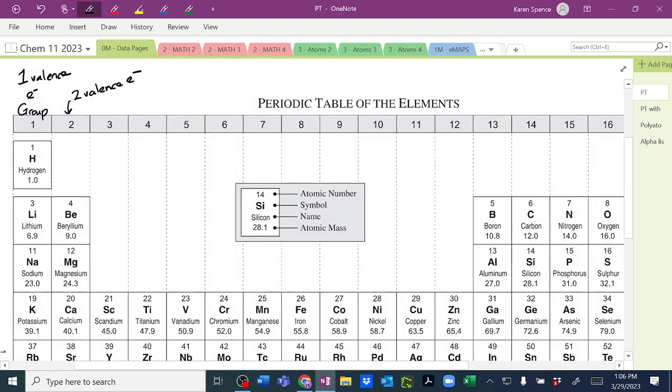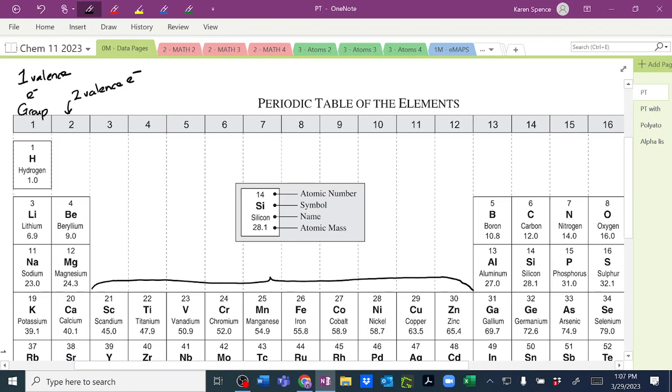In the middle here, do you guys remember what these elements are called? Those are called the transition metals. The transition metals don't have predictable valence electrons.